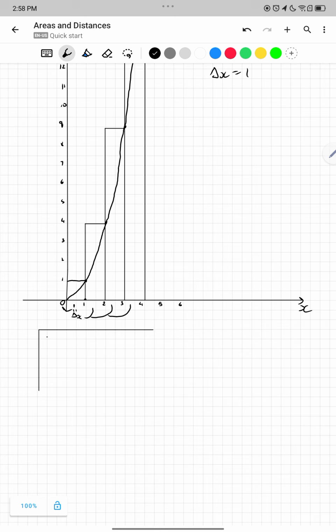Using our right endpoint sample points, we're going to have our heights, then we're going to have our widths, and this is going to help us find our area.